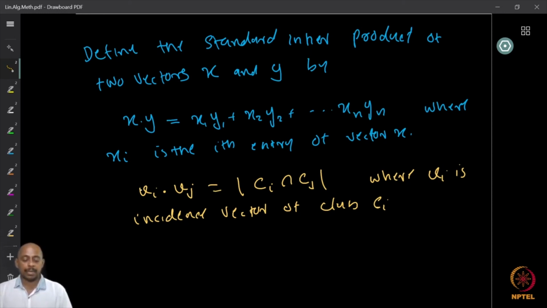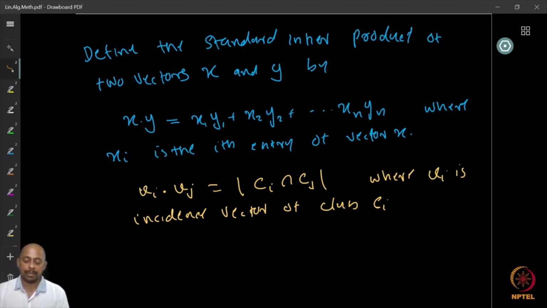What is this inner product? Because it's a term by term product, if the same member is present in both, the corresponding term will be 1, and then you add up these 1s. So basically it counts the number of people common to both clubs. So the cardinality of Ci intersection Cj gives you the inner product vi dot vj.